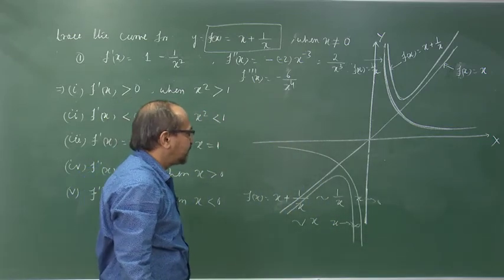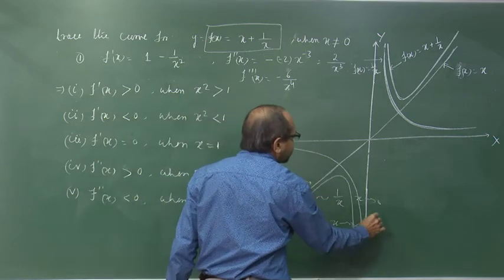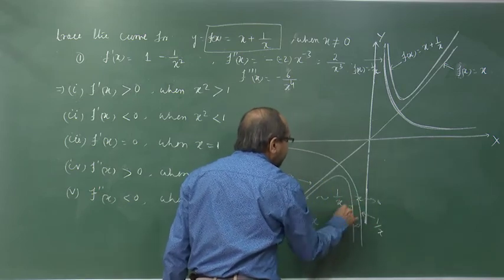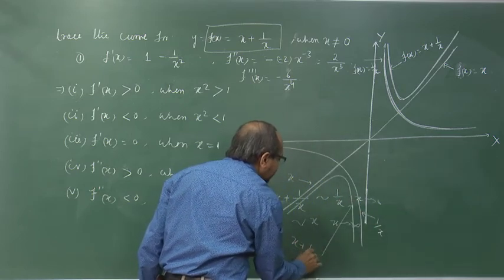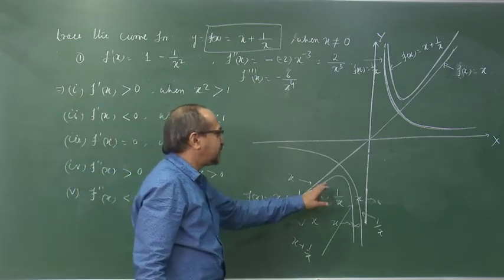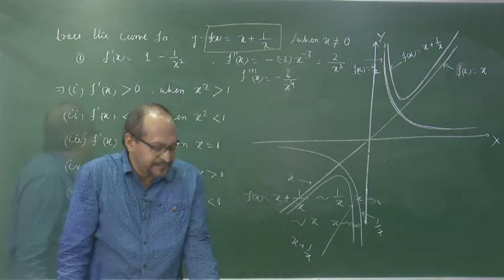Okay. This is 1 by x, this is x, this is x, this is 1 by x, and this one is x plus 1 by x. So, this is the tracing of the curve f of x is equal to x plus 1 by x.